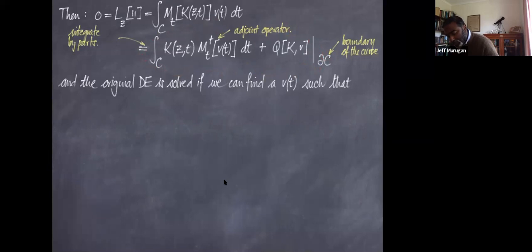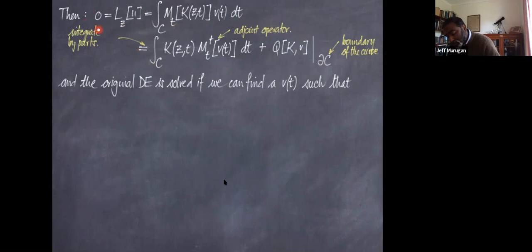Okay, so again, I started off with this operator, L_z acting on u. I know that L_z acting on u is L_z acting on K times V integrated with respect to t over some contour. I assume that I can find this M such that L_z acting on the kernel is the same as M_t acting on the kernel. I integrate by parts, so I get this expression. And this expression is equal to 0.